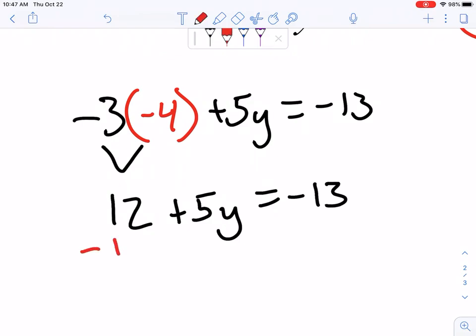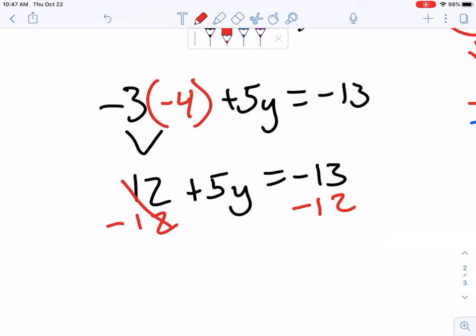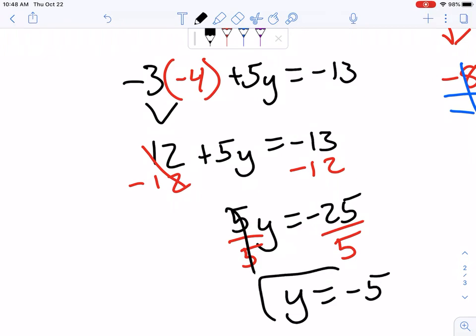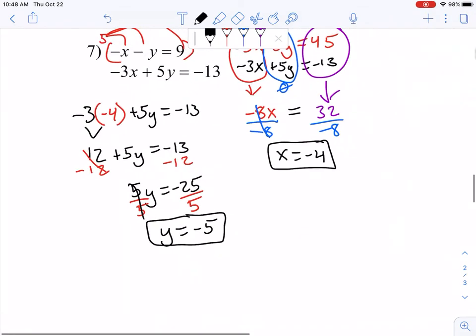And then I am subtracting 12 from both sides to find that 5y equals negative 25 when I put those together. And then I am dividing 5 to both sides to find that y is equal to negative 5. So we found that x was negative 4 and y was negative 5.